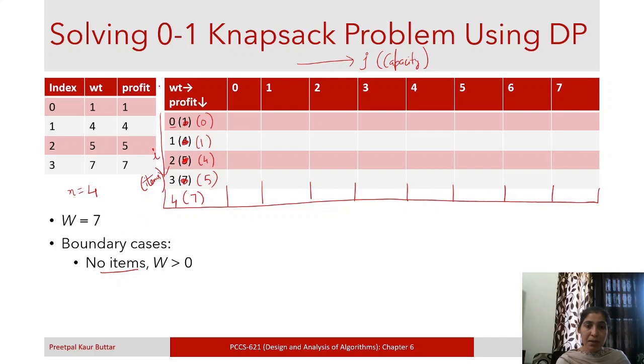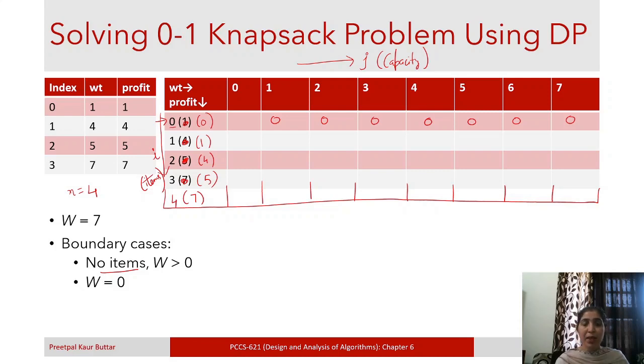So no items means this row. When you have no items, in that case, the profit will be 0. So here we will initialize all the cells in this row equal to 0. And the second case, so no items and weight is greater than 0. You do not have any item but the weight in your knapsack is greater than 0, then it means you cannot pick any item, you cannot fill your knapsack, so the profit which you will get is 0.